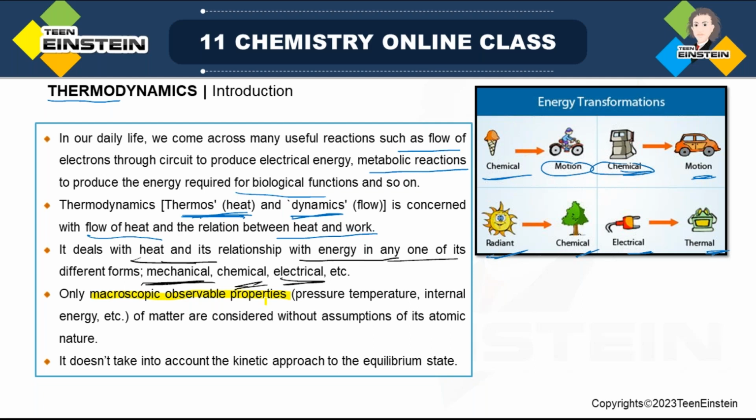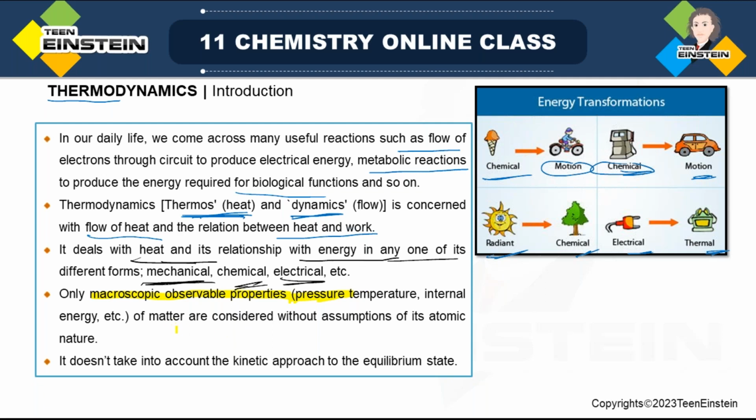But when we talk about macroscopic observable properties, obviously we are not considering individual atoms or individual molecules. For example, suppose we are trying to see pressure of any system, or temperature, or internal energy. All these are examples of macroscopic observable properties of matter.